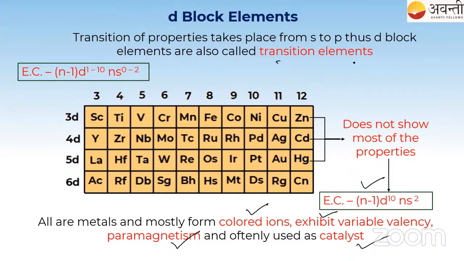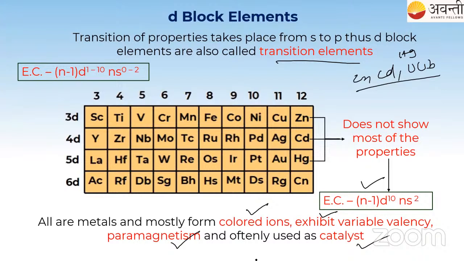All the D-block elements are transition elements, but except what? Zinc, cadmium, and mercury also. These are not called transition elements because they are completely filled in their ground state and in the common oxidation state also. So that is why these elements are not called transition elements, but they are D-block elements.